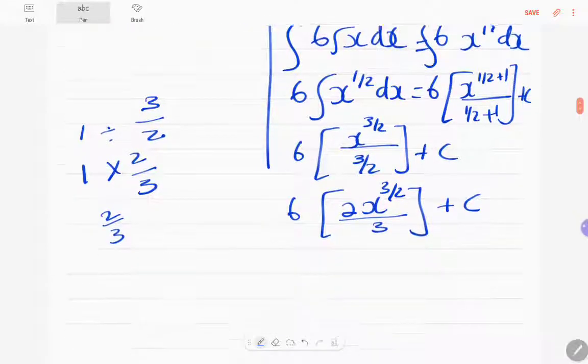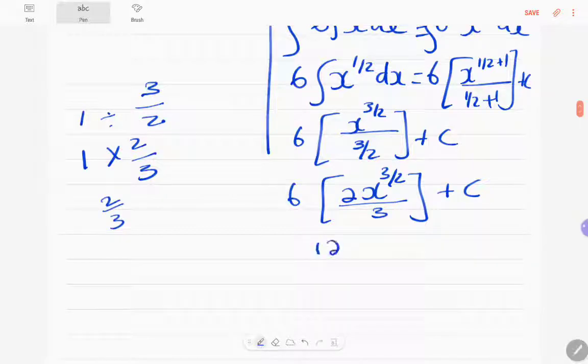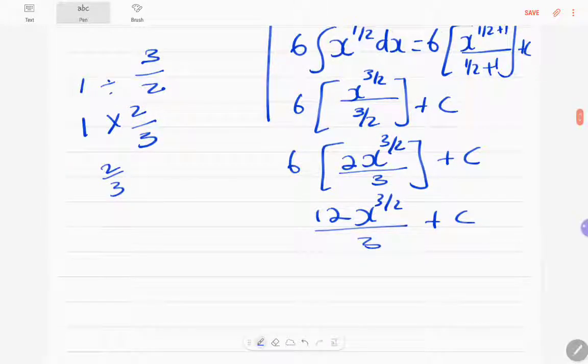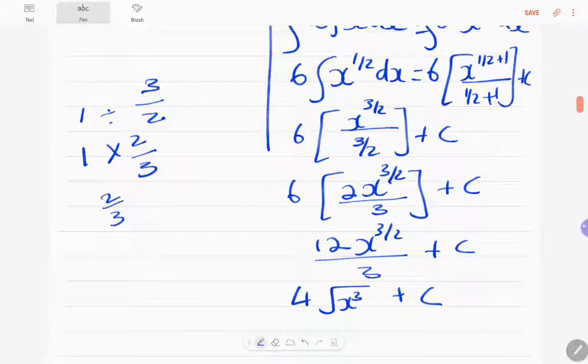What is 6 multiplied by 2? It will be 12x to the power 3 over 2 all over 3 plus c. 3 goes how many times into 12? It goes 4 times, into x to the power 3 over 2 plus c. So this is our final answer.